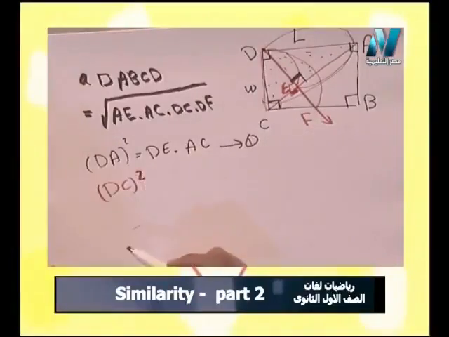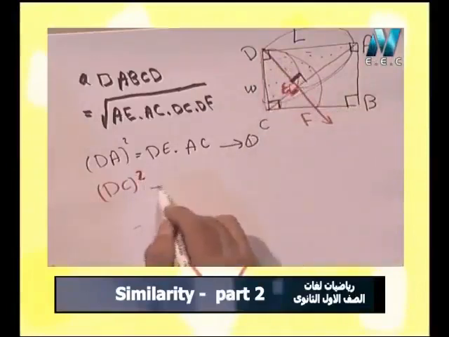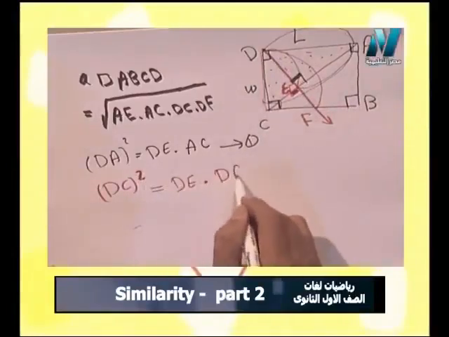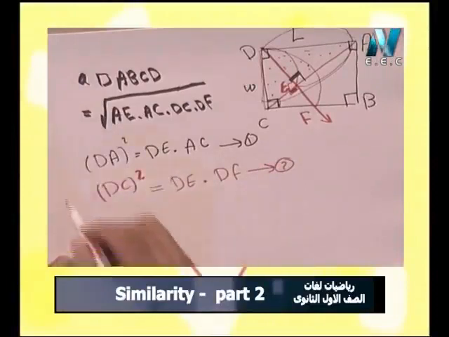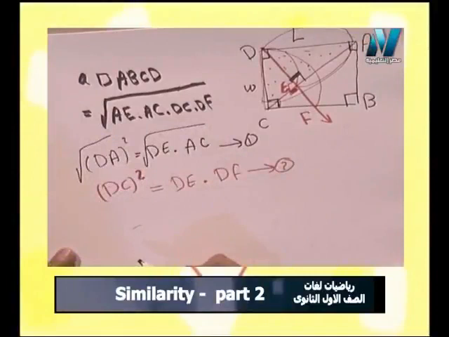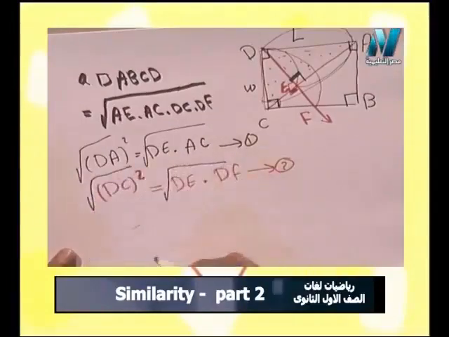So DC power 2 equals DE multiplied by DF. And we take the square root of the two sides to find DA, and also to find DC.